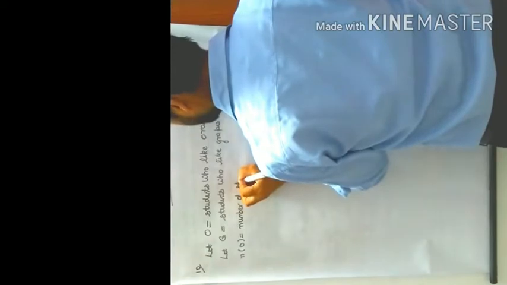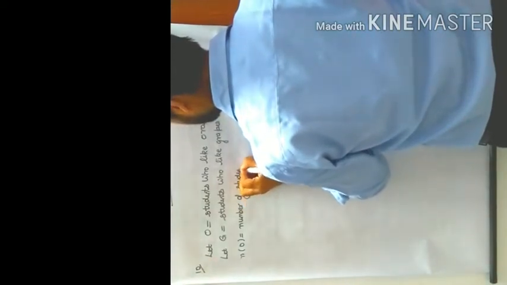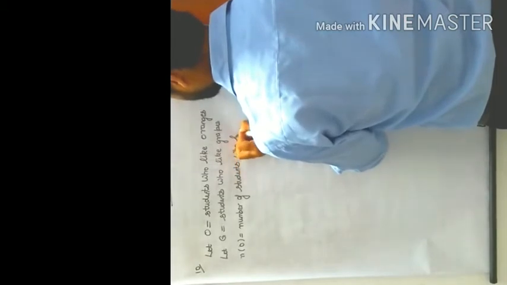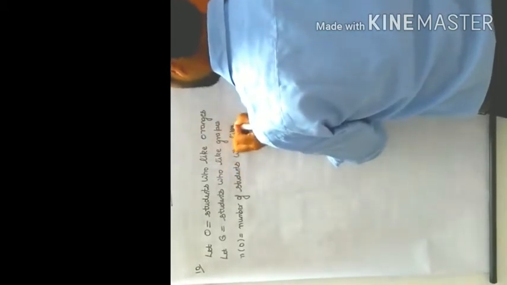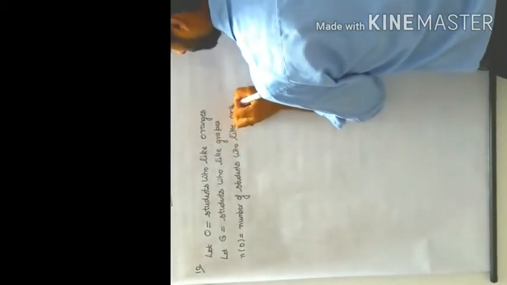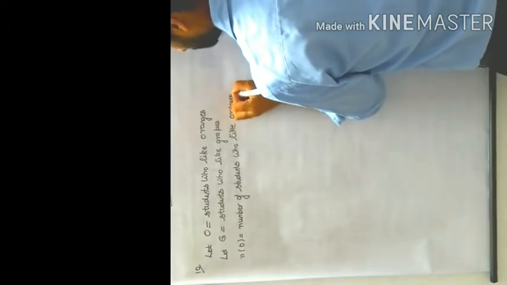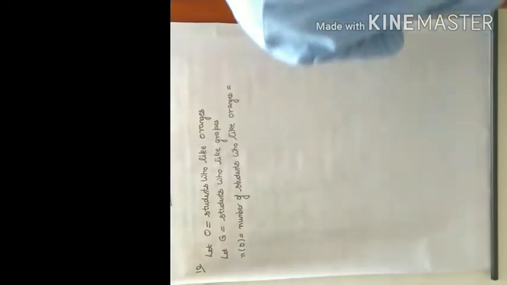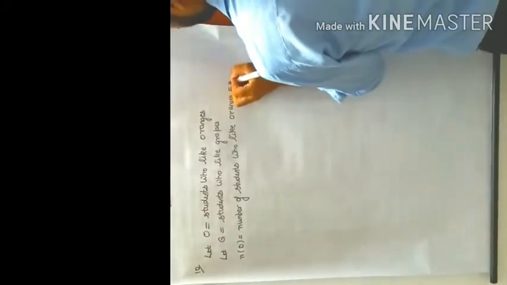Number of students who like oranges. What is that N of O? It is given as 20.